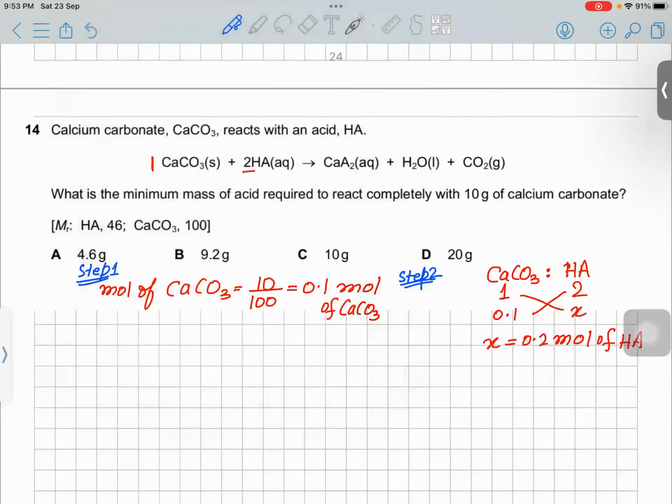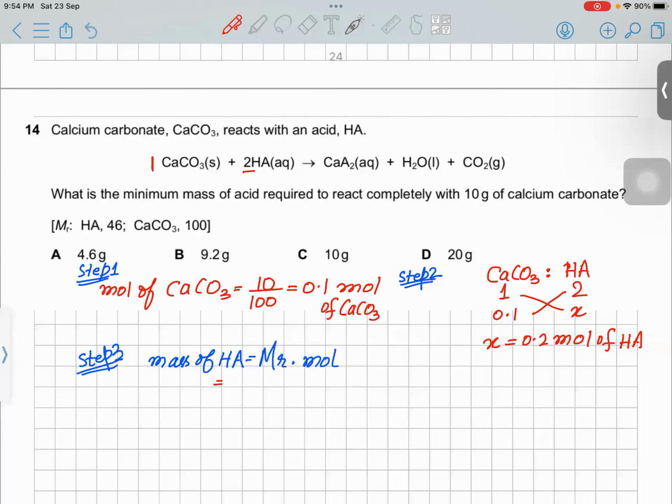Sir, so you're saying that there are two HA and one CaCO3. Yes, you can see that the ratio is 1:2. Now step 3. Mass of HA is equal to Mr times mole.